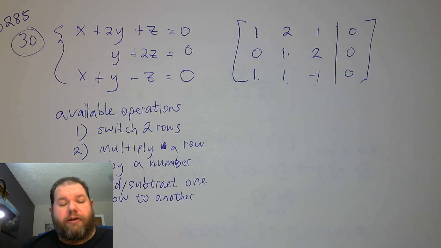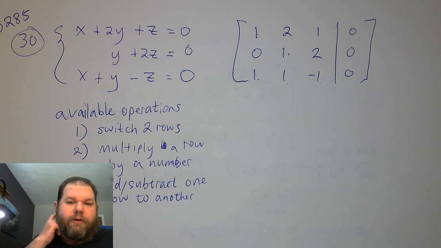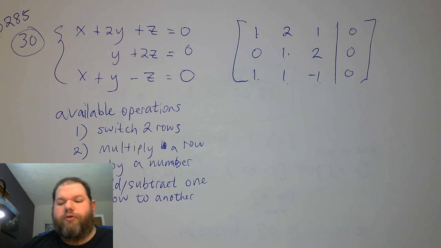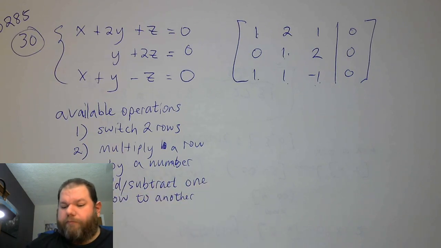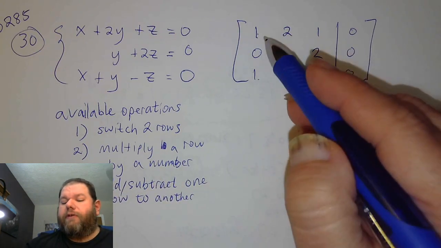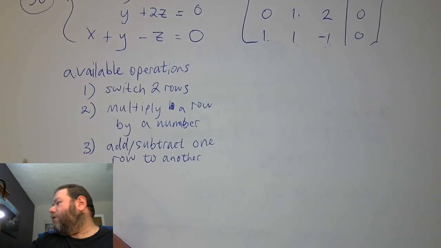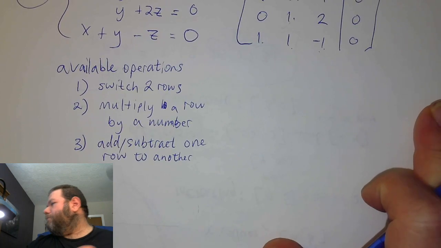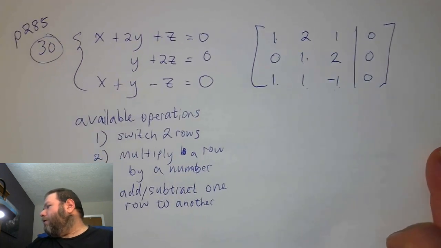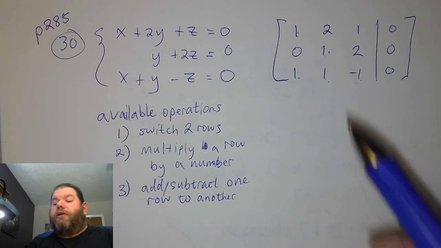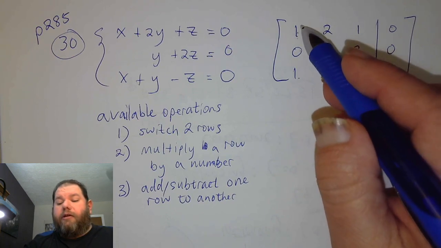One thing that I like to do as I go through the matrix solving process is to make sure I record each of my steps, showing what operations have taken place from our available operations. Notice in this particular matrix we start off with a 1 in the upper left already.